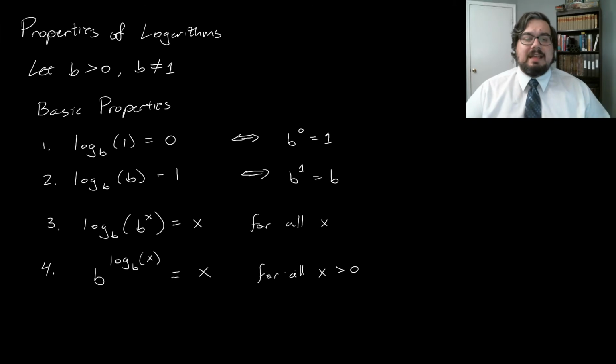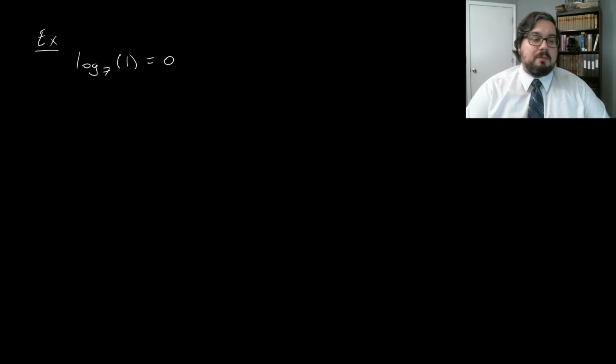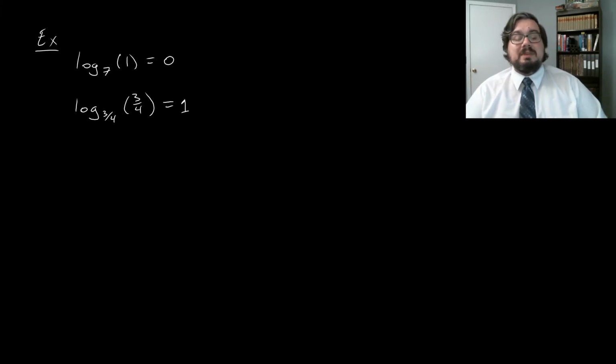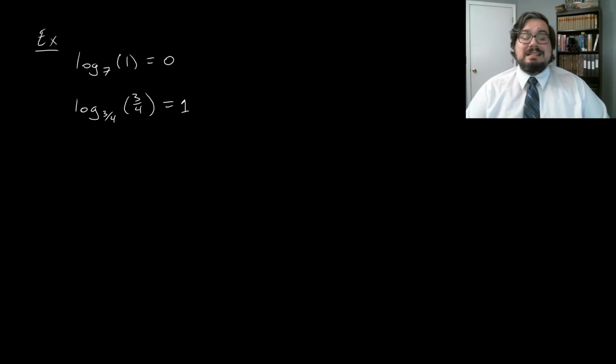Let's see a couple of examples of using the basic properties. If I have log base 7 of 1, that's just going to be 0, no matter what. If I have log base 3/4 of 3/4, that's going to be 1. Log base b of that same b is just 1 back.